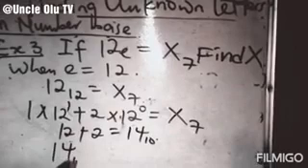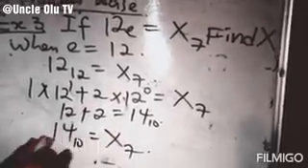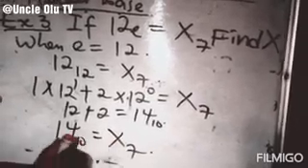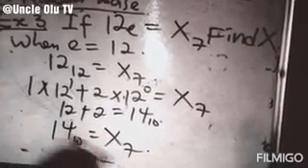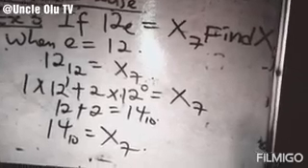So when you have 14 base 10 equals x base 7, what is the meaning of this? The meaning is that you are converting this base 10 to base 7. And anytime you convert from base 10 to any base, you're going to divide. That's the meaning. So for you to get the x, how do we do that?